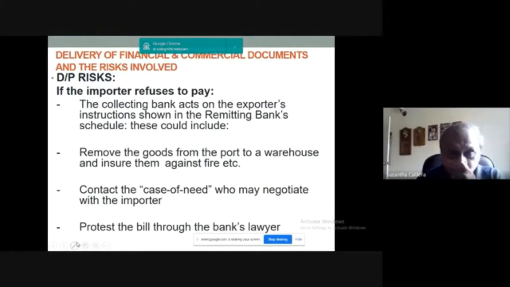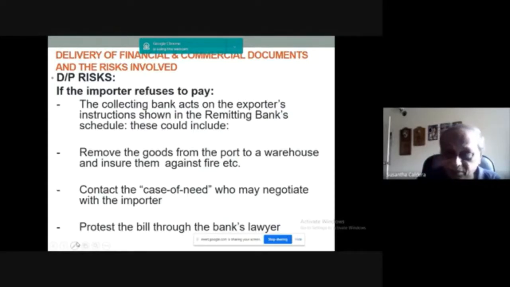Protest is a legal procedure. Under protest, we have to file the case in the courts. We have to file the case in the courts within 24 hours. Within 24 hours. Can we do that for non-payment? Can we do that? No. We can't do that. Right?